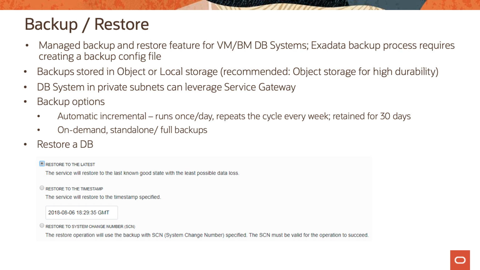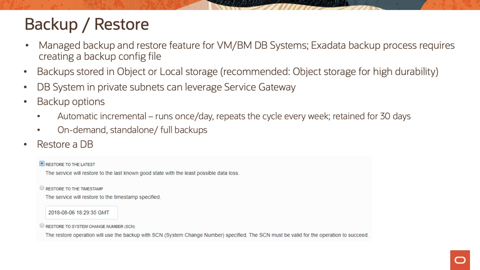In the case of backup options, we have the automatic incremental backups, which run once per day and repeat the cycle every day, and by default these backups are retained for 30 days. On-demand standalone full backups are stored until the point you decide to delete them from the OCI console.